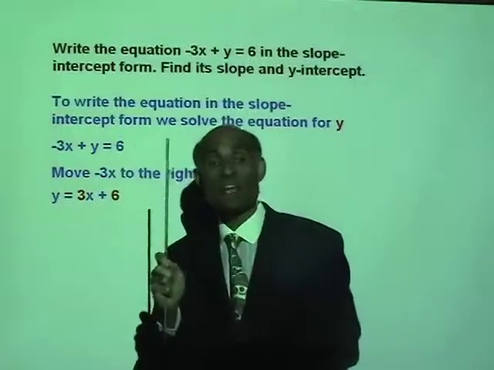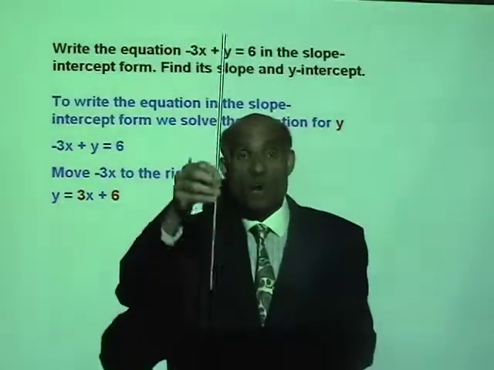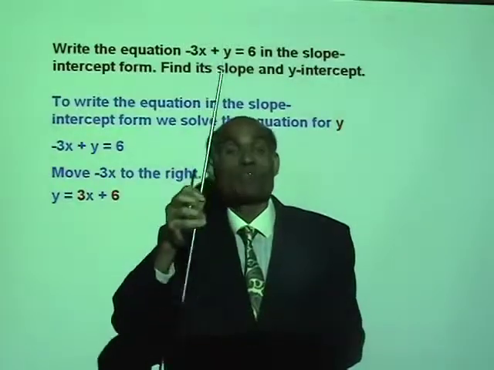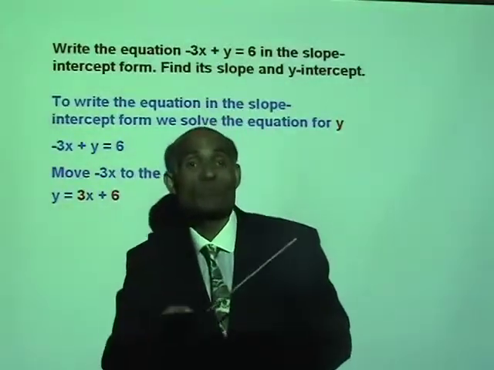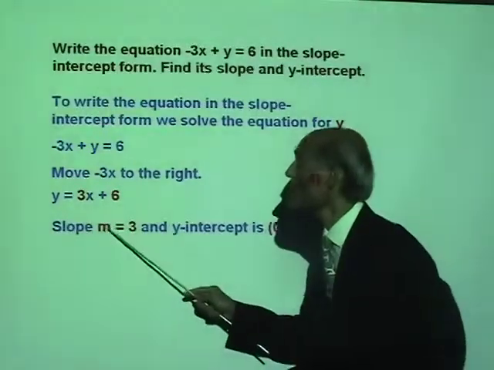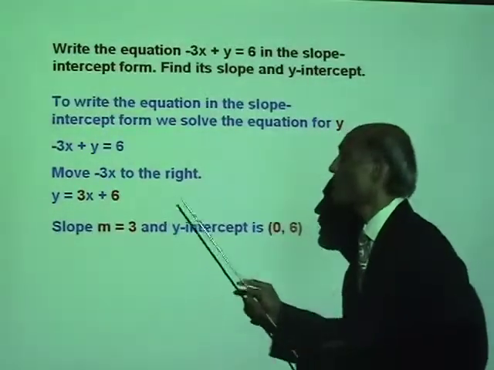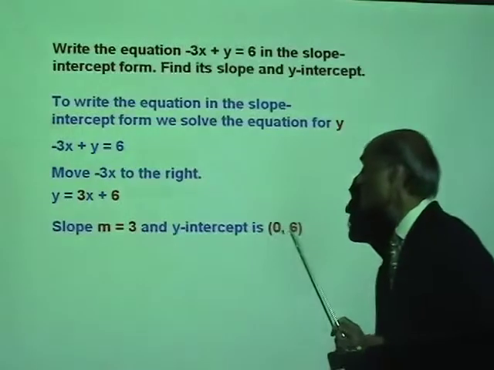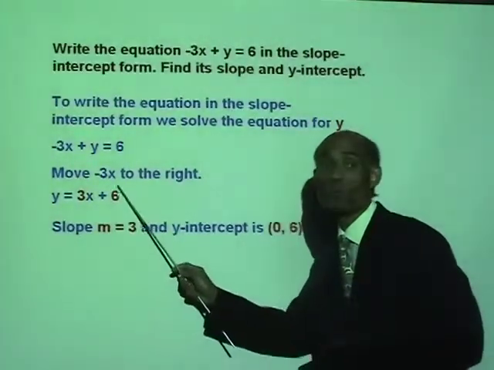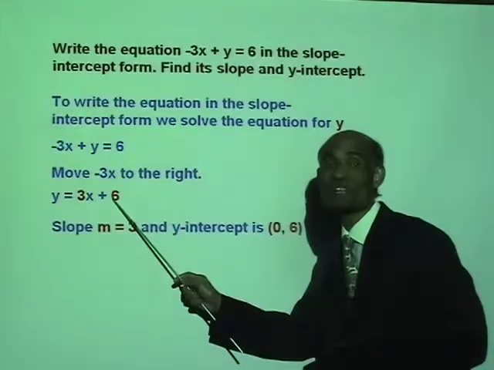You see, as a y-intercept that is on the y-axis, the value of x will be 0. Alright, so slope m equal to 3 and the y-intercept is 0, 6. Don't forget that. This is the value of b equal to 6.